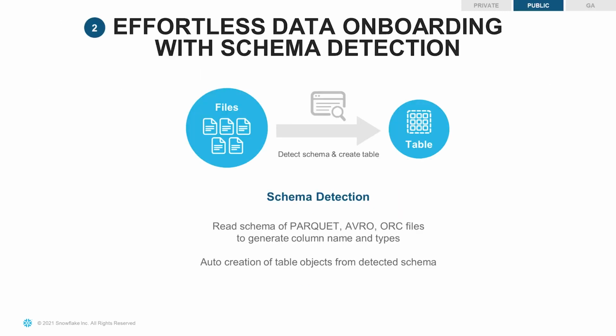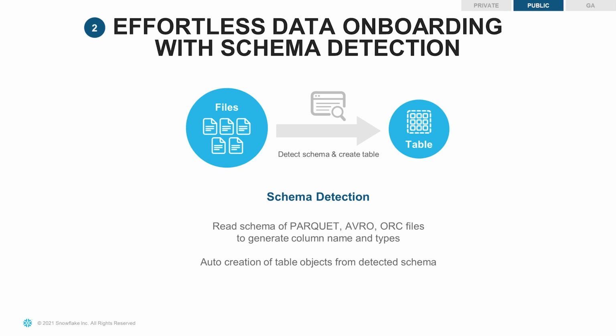The second capability, staying in the tune of making pipelines faster and more efficient, is schema detection. Schema detection now allows developers to understand schema from underlying files like Parquet, Avro, and ORC without manually trying to detect the file structure and writing DDLs manually to create new tables.